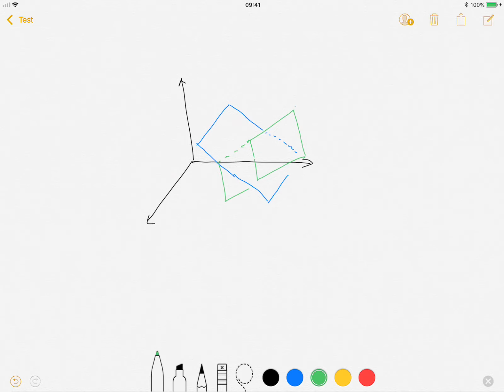But if we then add a 3rd plane, effectively what we're doing is providing an intersection point. And it's at this point that the solution to our equation will be known.